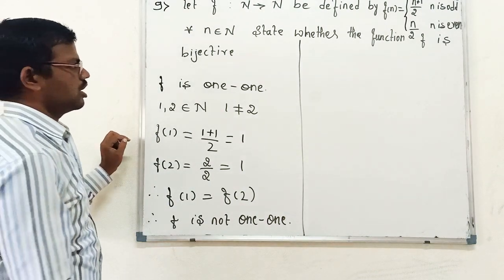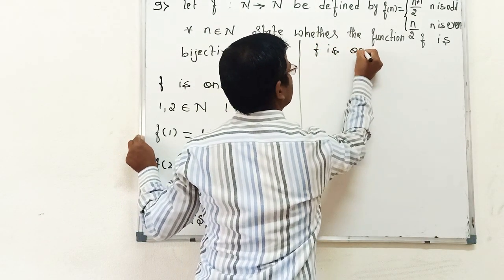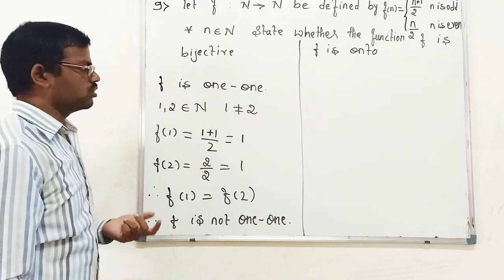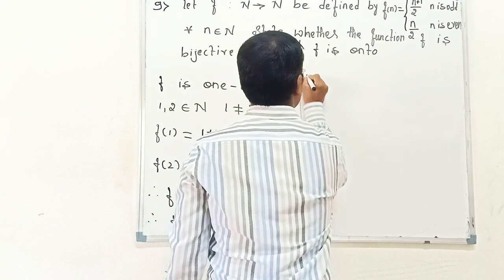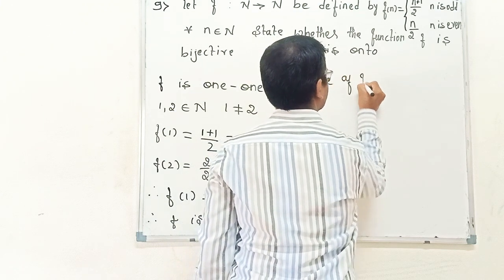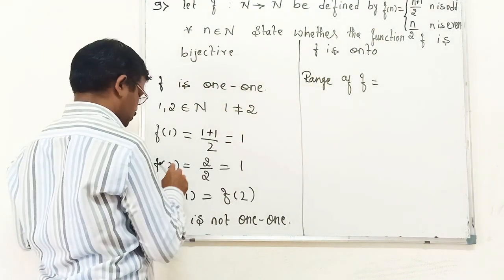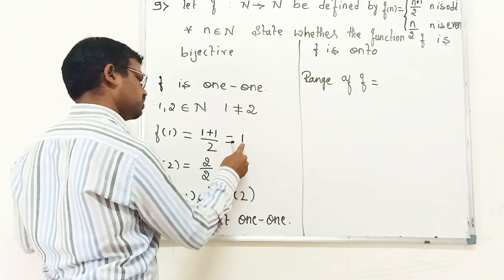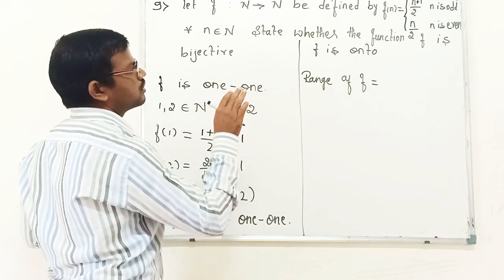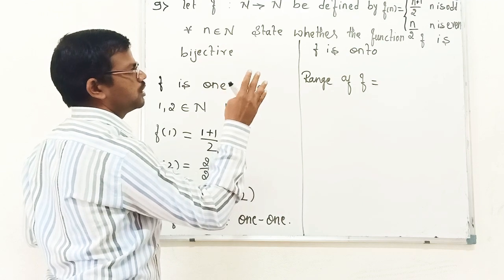Next we come to whether f is onto. Then we find the range of f. Suppose we put 1, we get (1 + 1)/2, which is 1. If we put 2, we get 1. If we put 3, then (3 + 1)/2, 4 divided by 2, is 2.